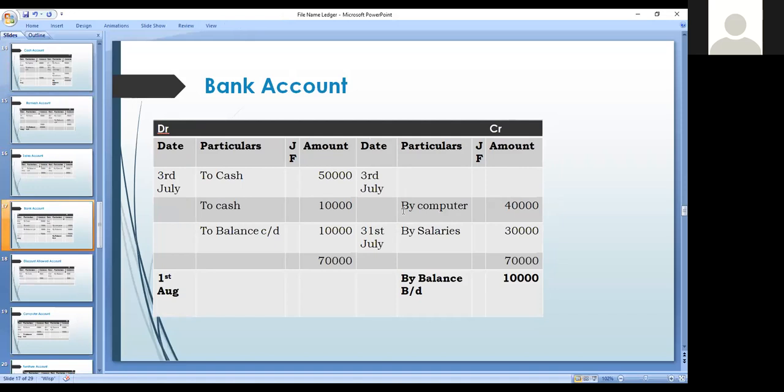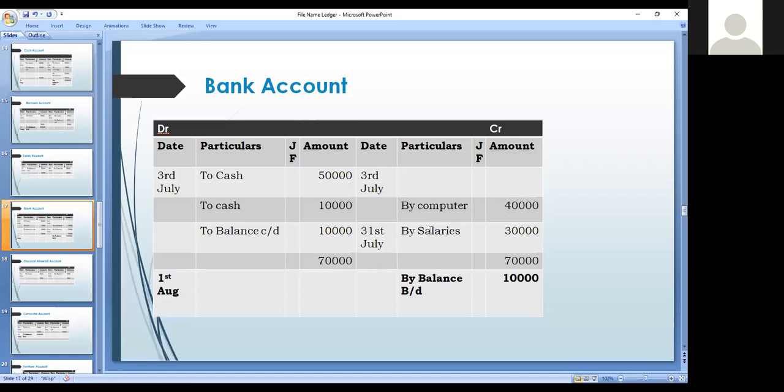The journal entry here is computer account debit to bank account. Here the bank account is a credit item. So we are putting the amount on the credit side, 40,000. We purchased the computer by check, so by computer, 40,000.